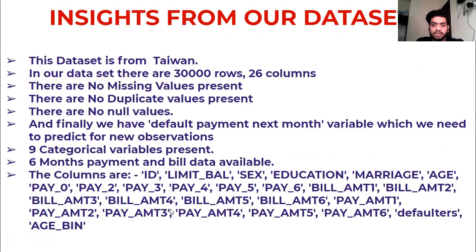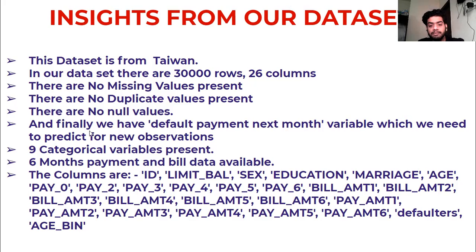So the first insight we get from our data set is that this is a data set from Taiwan country, and in our data set there are 30,000 rows and 26 columns present, and thankfully there are no missing values, duplicate values or null values present in our data set.